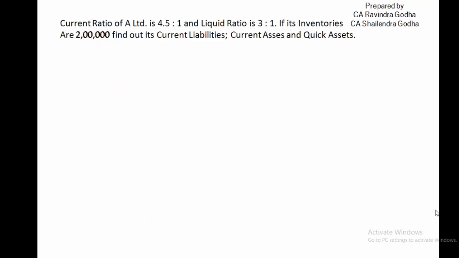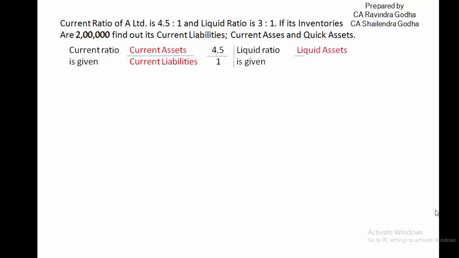In this question, two ratios, the current ratio and the liquid ratio, are given, and we have to calculate current liabilities, current assets and quick assets. The only actual value given is inventories. The current ratio is given: current assets divided by current liabilities is 4.5:1. The liquid ratio is given: liquid assets divided by current liabilities is 3:1.